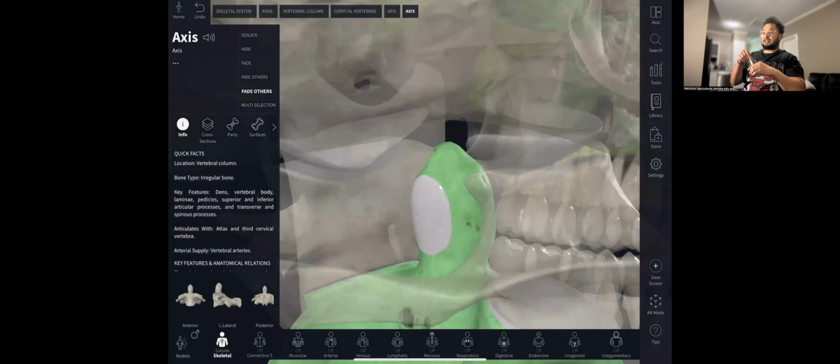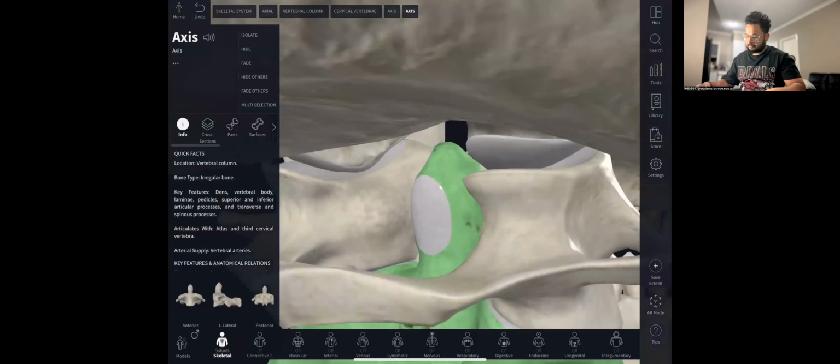It is basically a bone sticking out of the axis. It will attach to the atlas, which is our first bone, and helps it to move so that we can move our whole head all together. Any doubts? Let me know in the comment section.